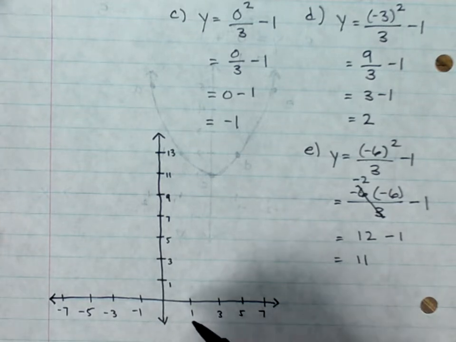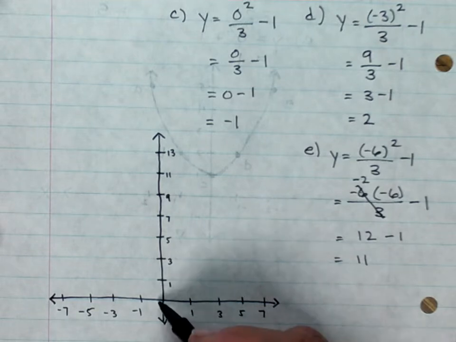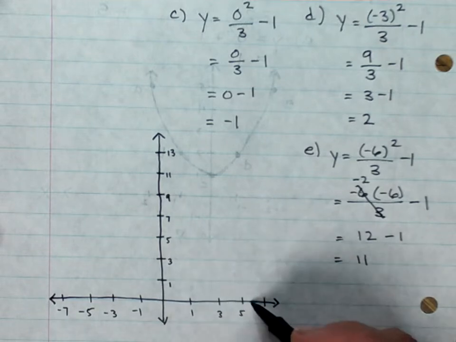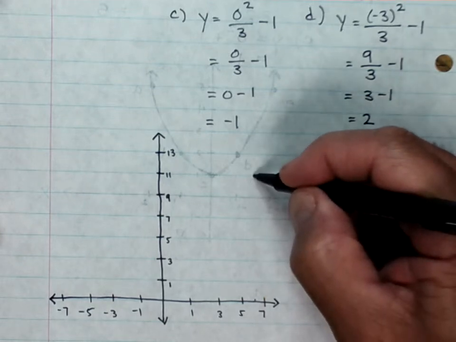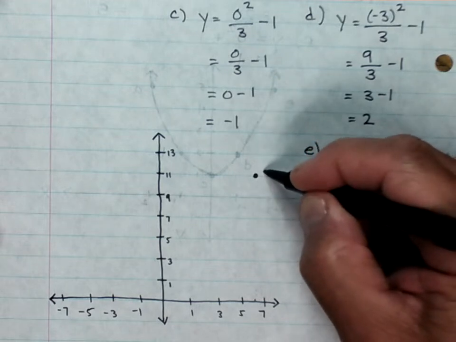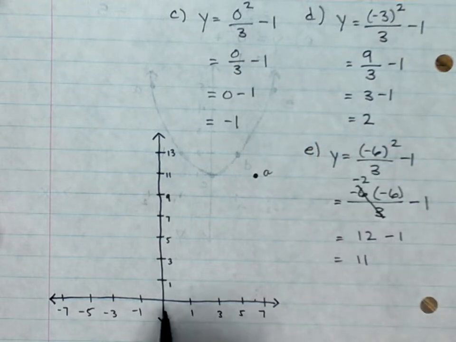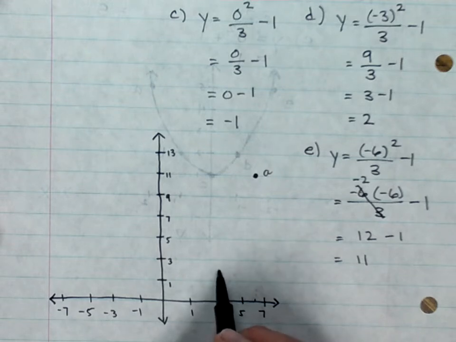I'm going to graph this real quickly. 6, 11. So I'm going to go across 6, which would be between the 5 and the 7. I'm going to go up here to 11. This is A. B is 3, 2. Over 3, up 2.